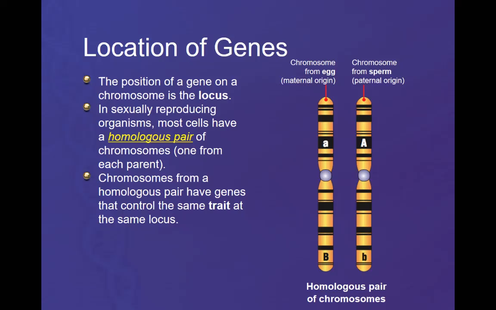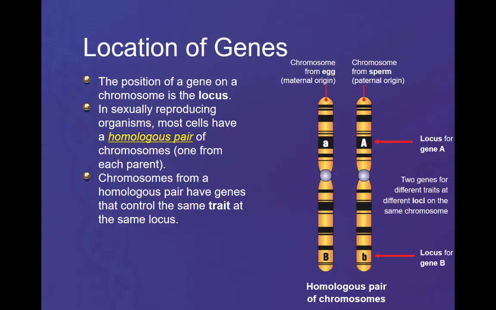Here's the locus for gene A. Here's the locus for gene B. The two different genes have different alleles at those particular loci, but they're for the same trait at the same position on the same chromosome.